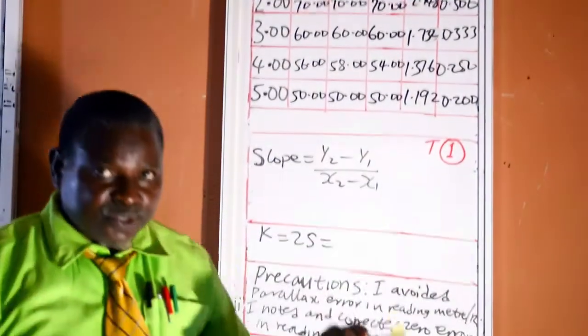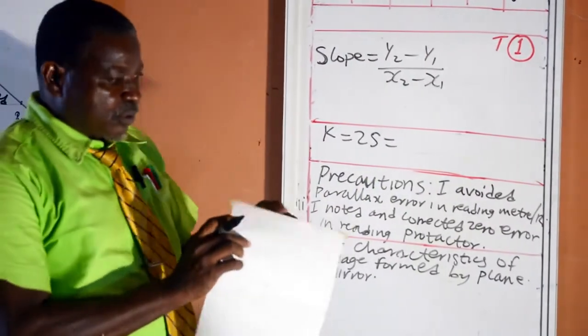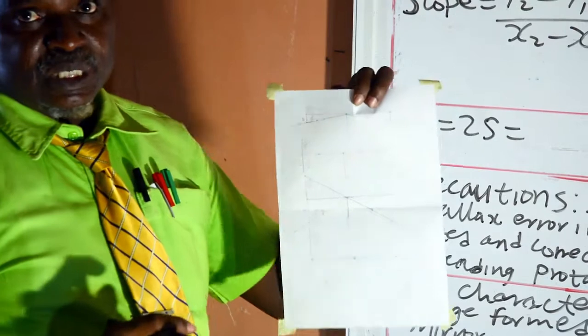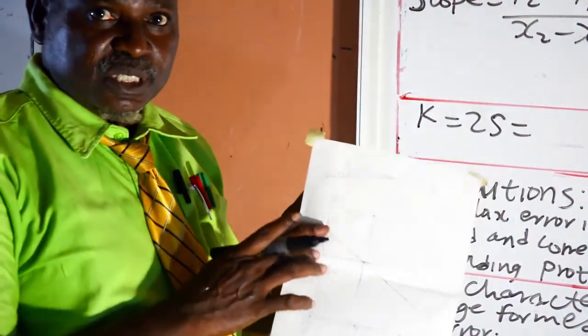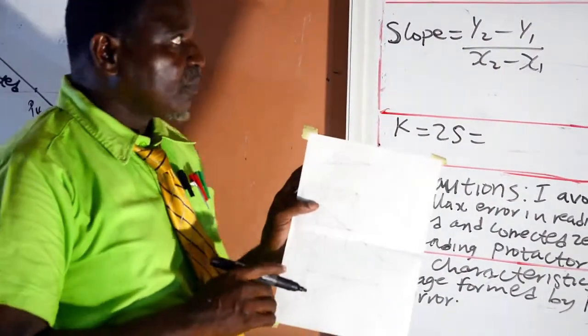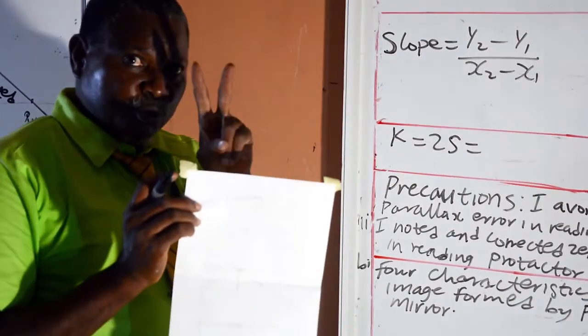Now, this paper where you draw everything, we call it traces. It's very important to the extent that you must submit these traces. The mark for these traces is 2 marks.